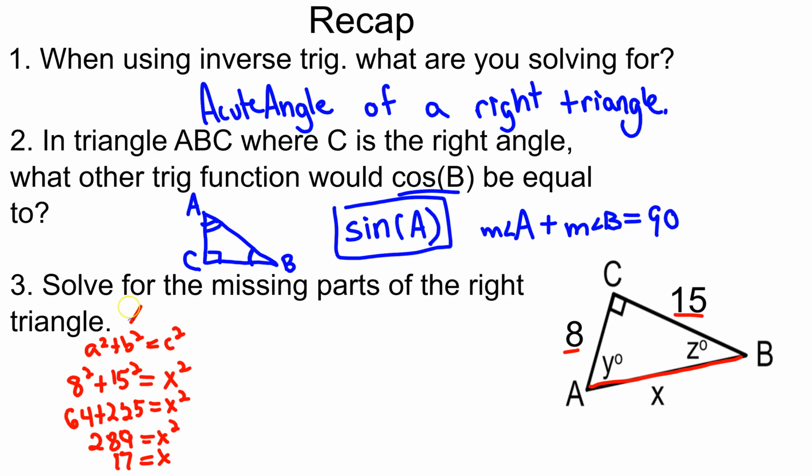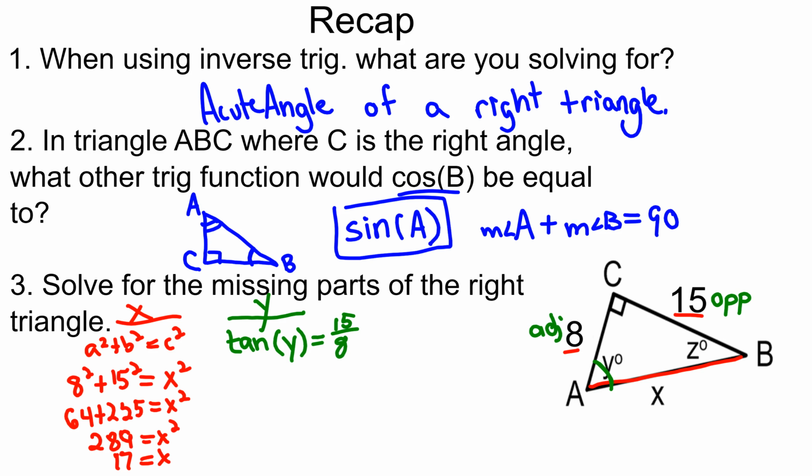Okay, so that was solving for x there. We solve for y, so we're looking at this angle. That's going to make 15. Remember, we're only going to use the sides that are the values they already gave us, in this case, these two sides. Opposite of y is 15, and adjacent to y is 8. So if I have opposite and adjacent, that means I have to use the tangent function. So we're going to say the tangent of our angle, in this case, y, is equal to the opposite over the adjacent.